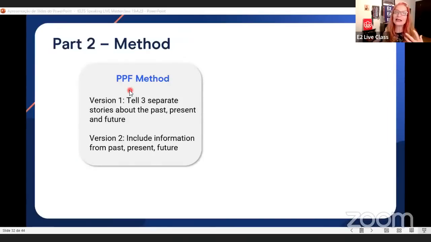Avoid saying in the present; say currently, nowadays, it comes to my mind. Instead of saying in the future, find a marker, such as after I pass my IELTS, let's suppose, I'll have lots of time, something like that. So avoid these standardized answers. In your mind, you should have your own personal markers to use, okay?